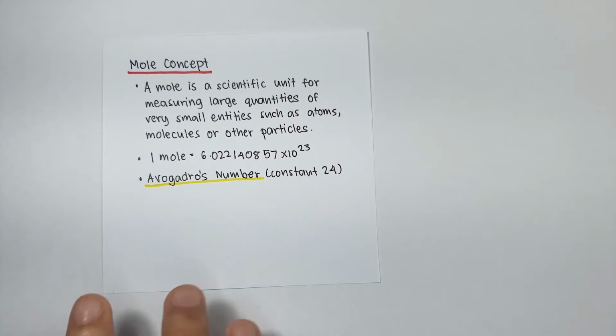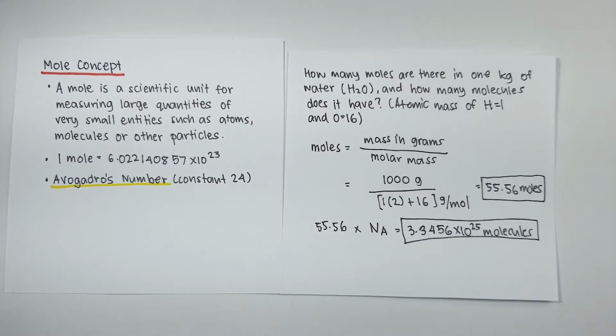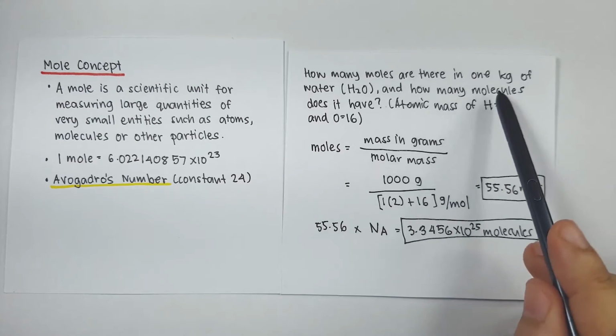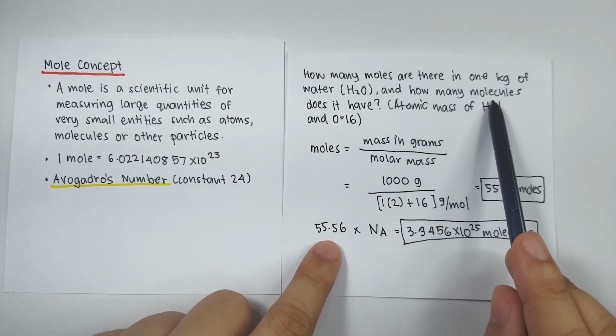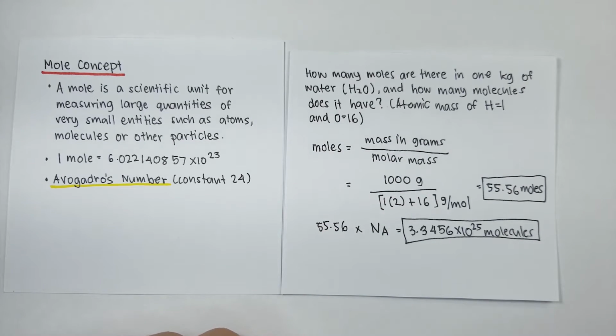So, number of moles, may formula yan. That is, number of moles is equal to mass in grams divided by the molar mass. So, let's solve one problem para mas maintindihan. How many moles are there in 1 kilogram of water and how many molecules does it have? Where the atomic mass of hydrogen is 1 and oxygen is 16.